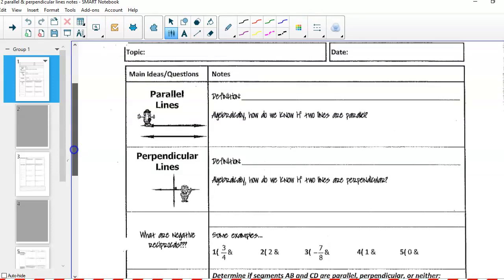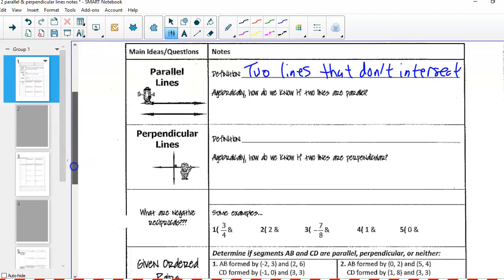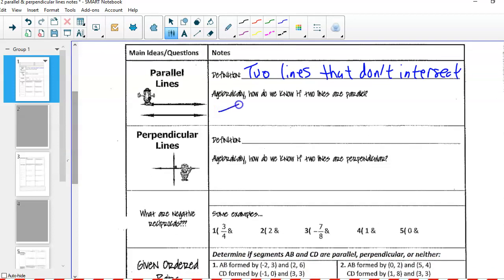Alright, so the definition of parallel lines are two lines that don't intersect. That's not how I wanted to word that. And then algebraically, it's talking about the slope and the y-intercept. They have the same slopes.